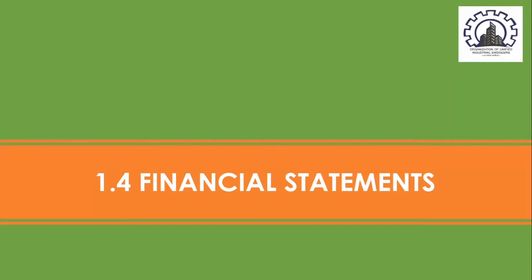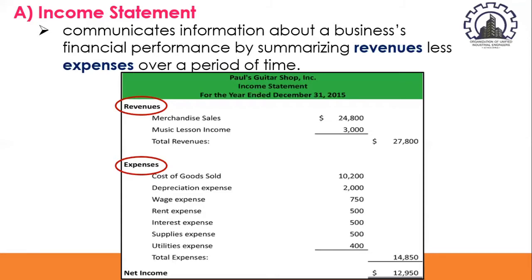Now, there are four financial statements. First, we have the income statement. Second, we have the statement of changes in owner's equity. Third, we have the balance sheet. And finally, we have the statement of cash flows.